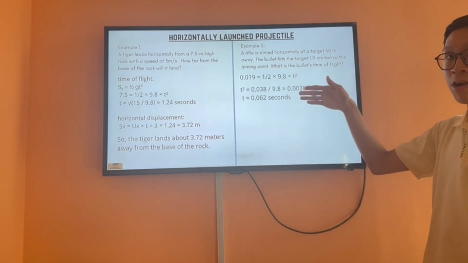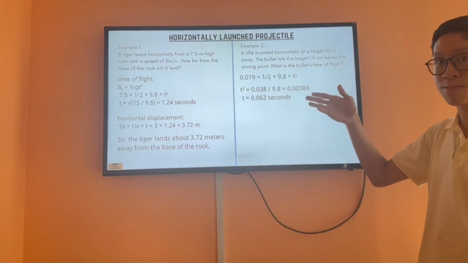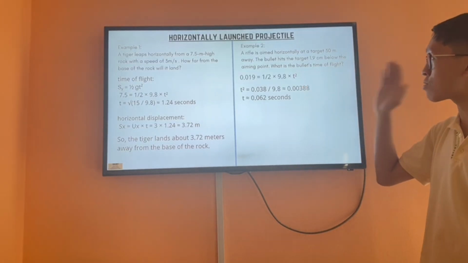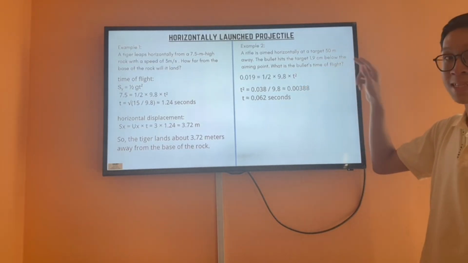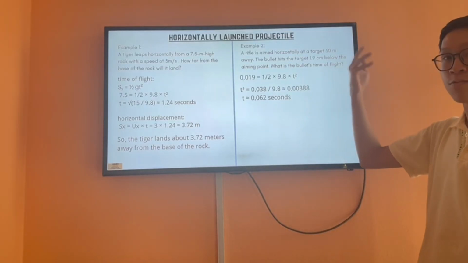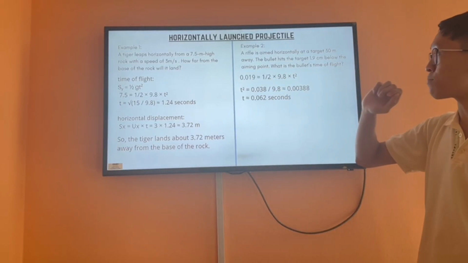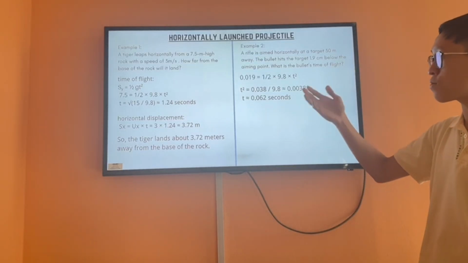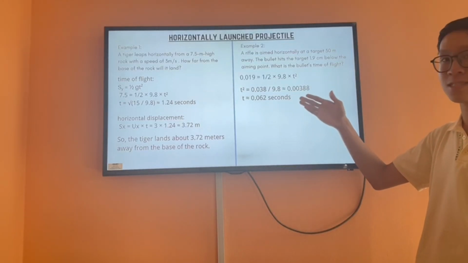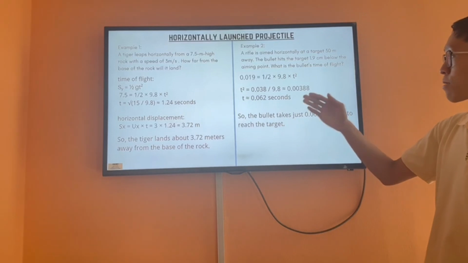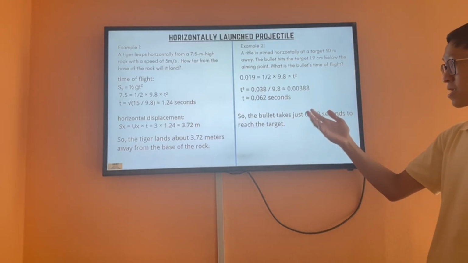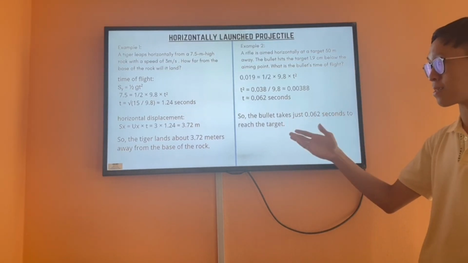Because the unit of gravitational acceleration is 9.8 meters per second squared, we need to change the 1.9 cm to meters as well. So 1.9 cm is equal to 0.019 meter. By using this formula, we get that t is equal to 0.062 seconds. So the bullet takes just 0.062 seconds to reach the target.